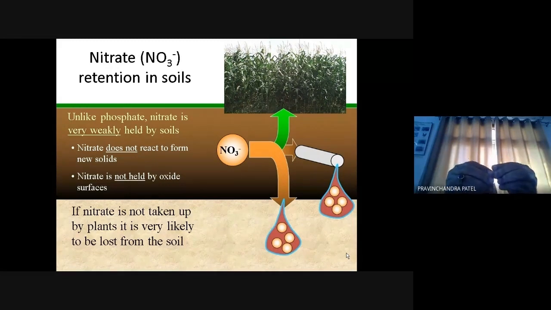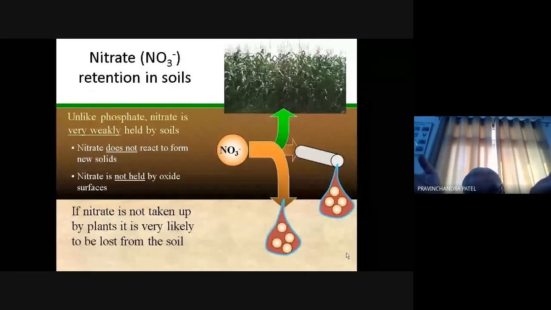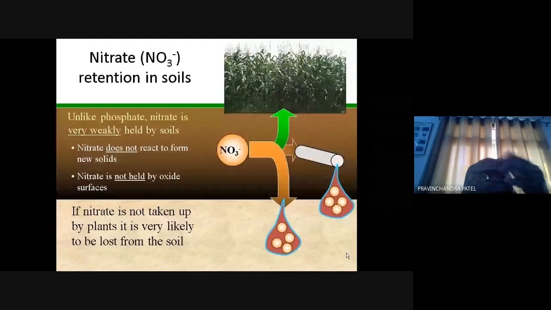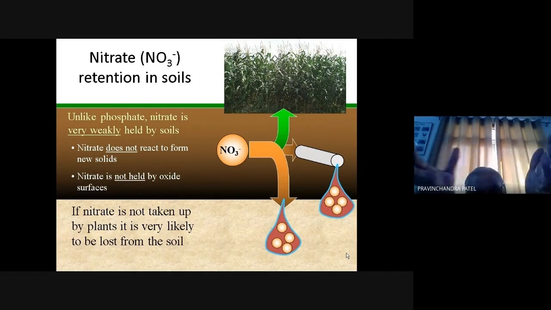And you know that at present the farmers are applying more nitrogenous fertilizer, urea, ammonium sulfate, and so on. So when you are applying nitrogen fertilizer and it is not taken up by the plant, it will be leached down from the soil and mix with the water, and such water we are drinking, which is called water pollution.